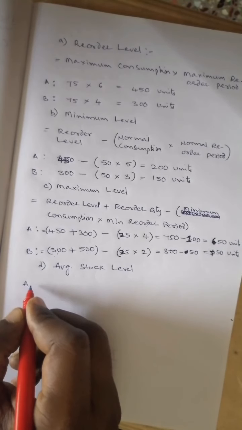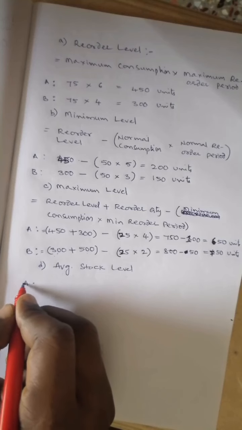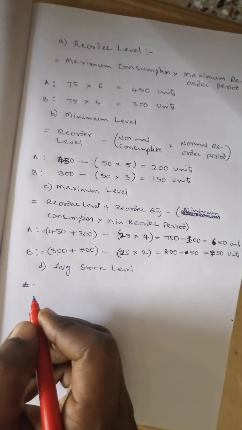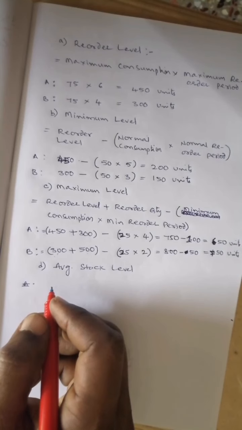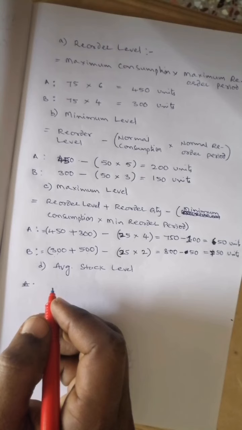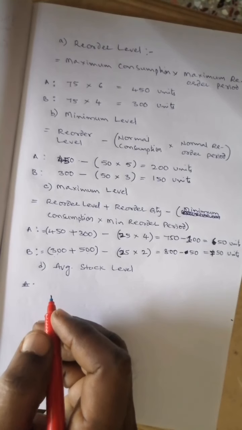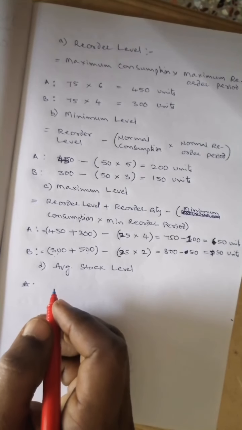Average stock level. We can write first the formula. Average stock level we can compute in both ways. 1 by 2 of minimum level plus maximum level. That way you can compute. And the other method is also there, as we have minimum level and maximum level available ready made here.